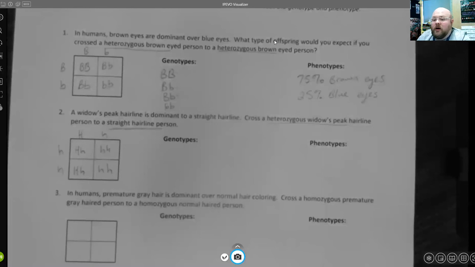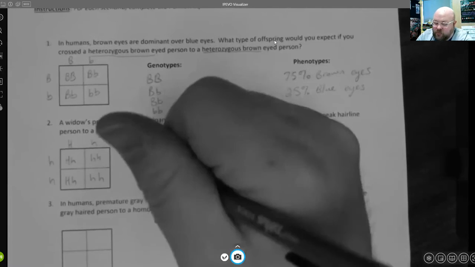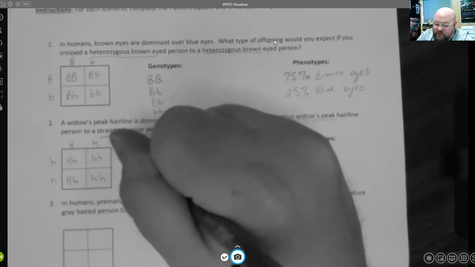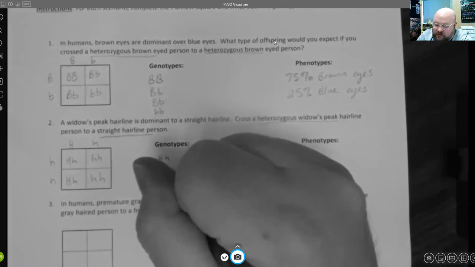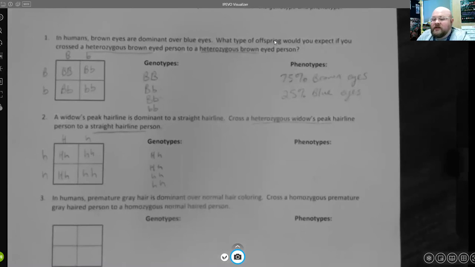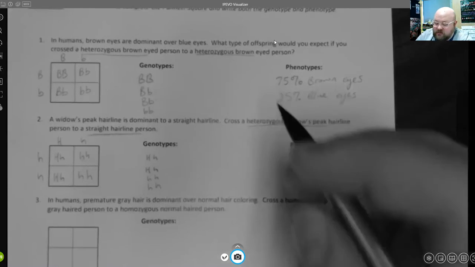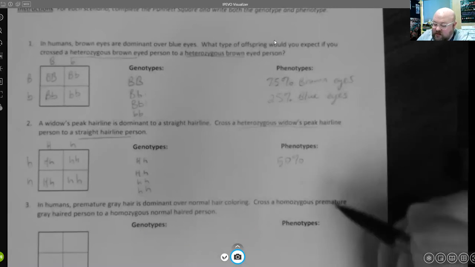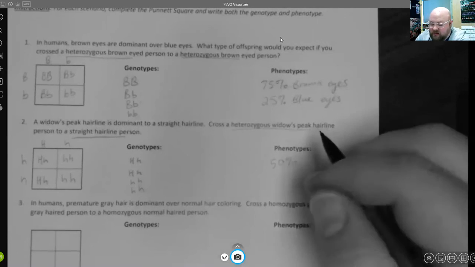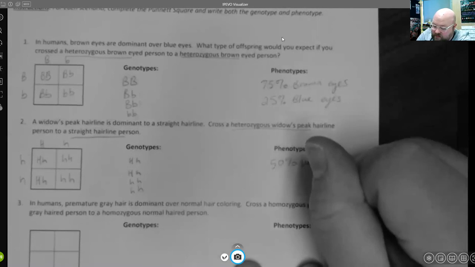So when we go to write our genotypes, we're going to have big H, little h, big H, little h, little h, little h, little h, little h. So we can see now it's 50-50. So with our phenotypes here, it's a 50% chance of having widow's peak.